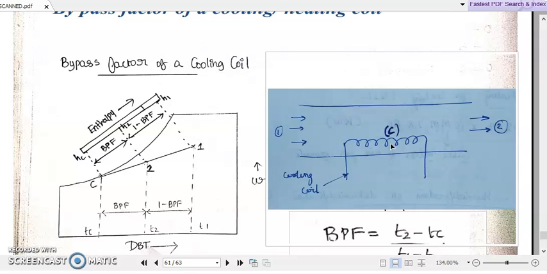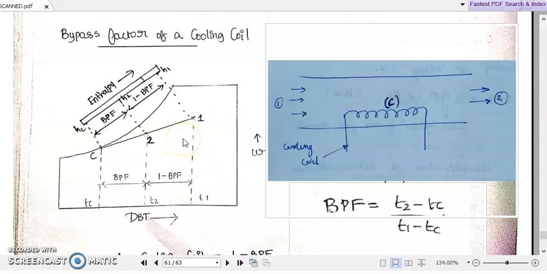So the end result of this cooling coil working will be a mixing of both cooled and uncooled air. This is equivalent to mixing of two different air streams.